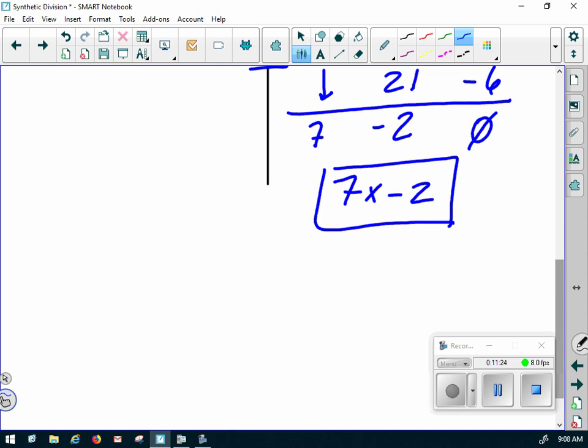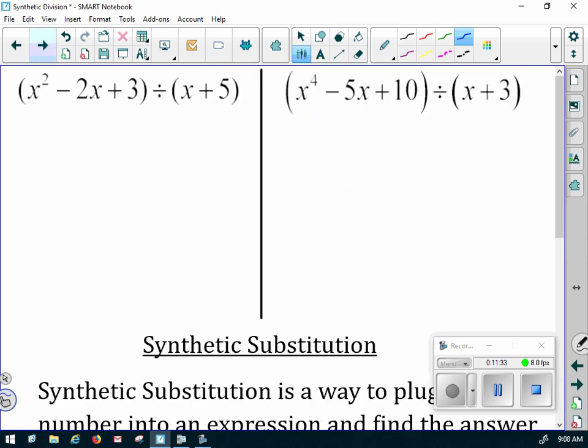Now we're going to come back and talk about some of these in a little bit, especially these ones that have a remainder of 0. That's where your calculator is going to come in. All right, you try these two.